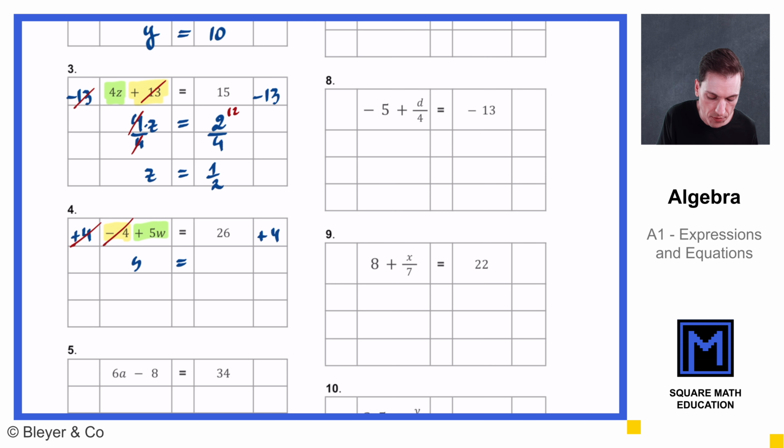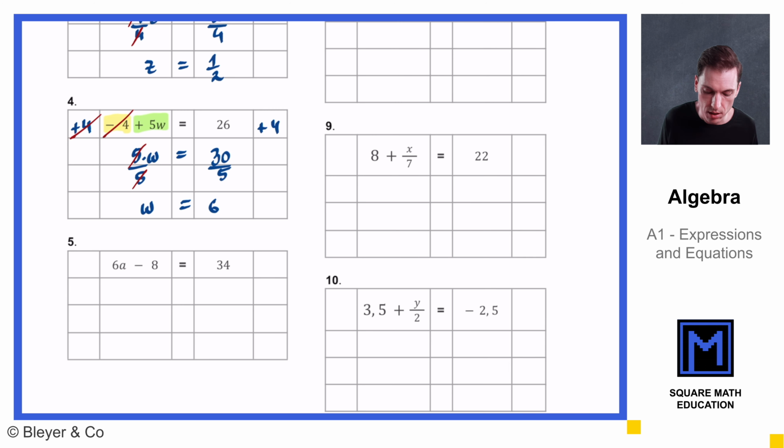We have 5w left. And on the other side of my equation, we can count 26 plus 4, we get 30. 5w, or 5 times w, the inverse operation is going to be dividing by 5. Let's divide both sides by 5. 5 divided by 5 is 1. We have w left. And on the other side, 30 divided by 5 is 6. And that is my final answer.